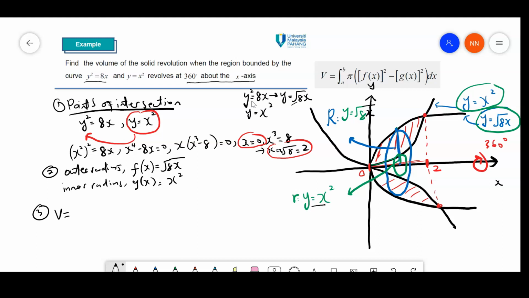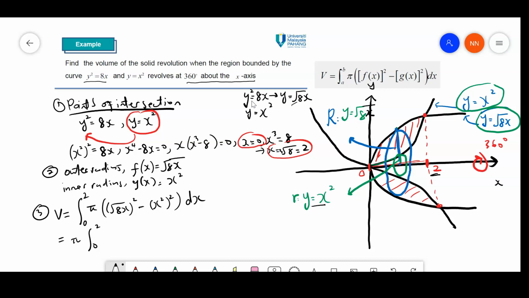So we revolve about the x-axis, so integrate from 0 to 2. Okay, this is your upper limit. Pi times f(x) squared, so you have square root 8x squared minus g(x) squared with respect to x. So I bring pi outside.